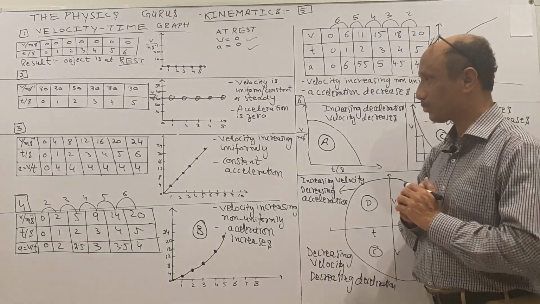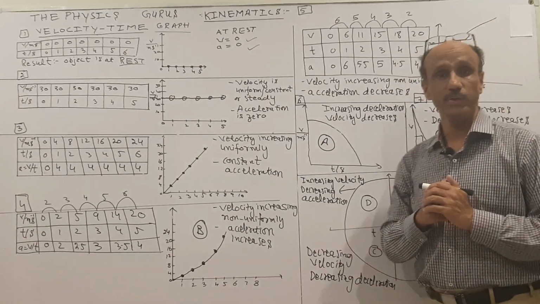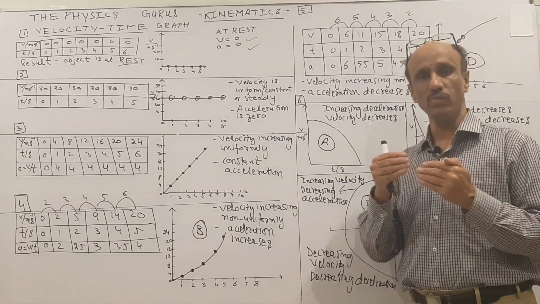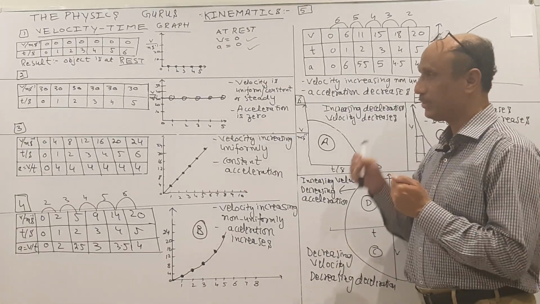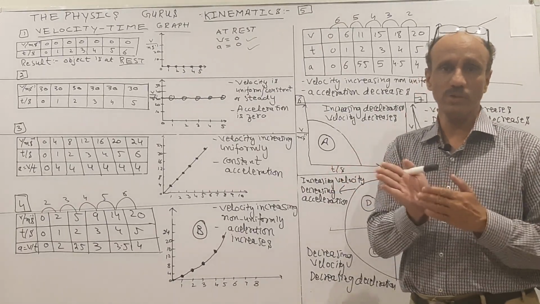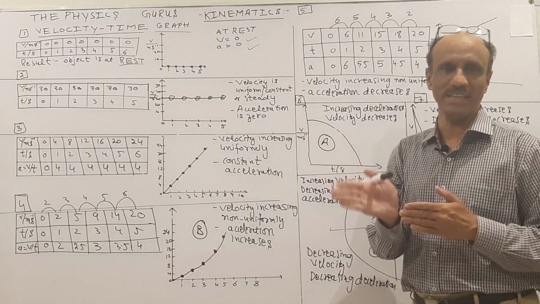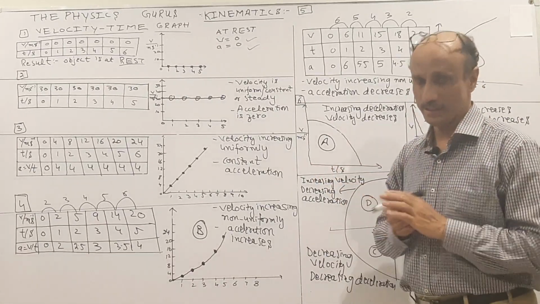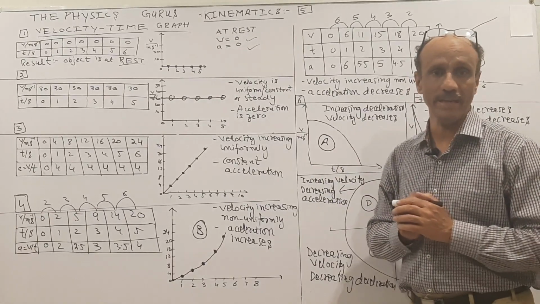Then graph number 3. In graph number 3, you can see that there is uniform change in velocity: 0, 4, 8, 12, 16, 20, 24. So whenever the velocity changes uniformly with respect to uniform change in time, it represents constant acceleration. The value of the acceleration will remain the same.